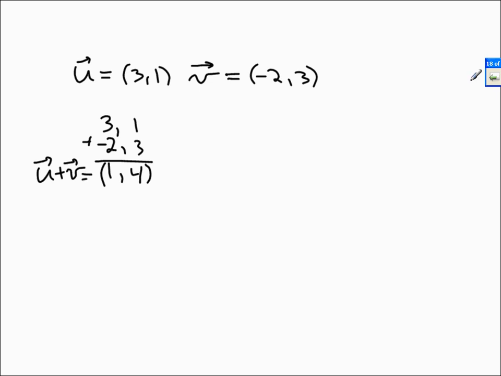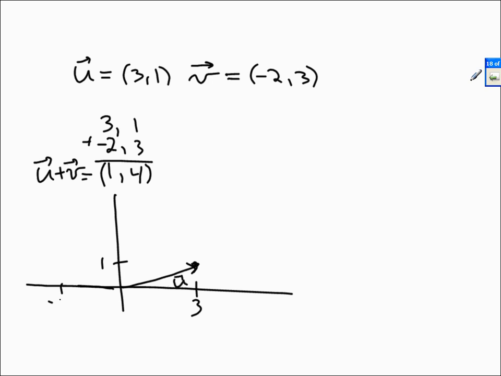U plus v will end at 1, 4. Here is 3, 1. That is vector u. And vector v is negative 2, 3. Negative 2, 3.